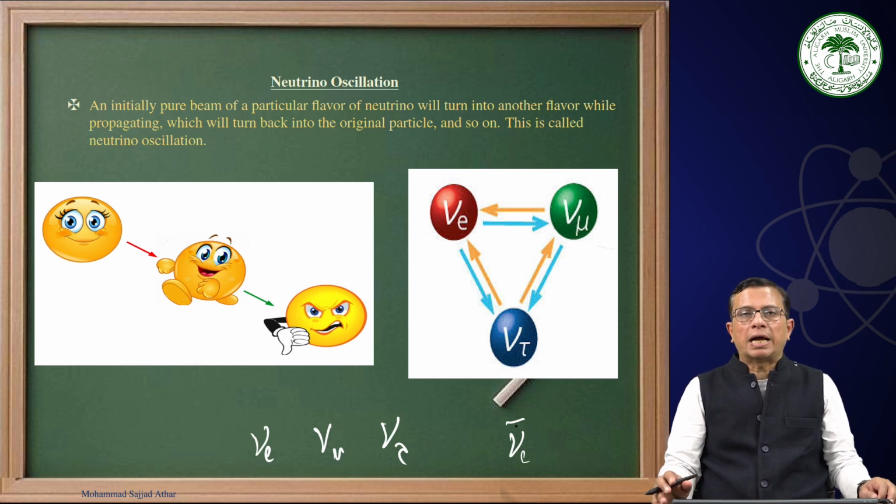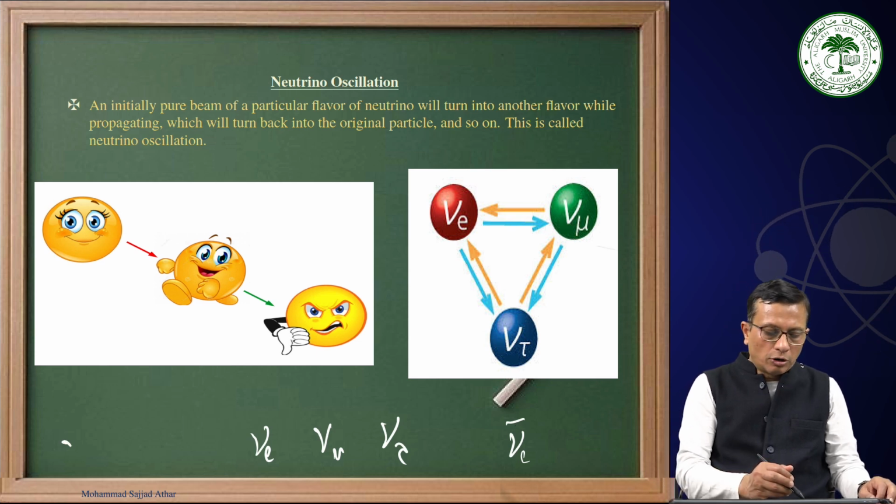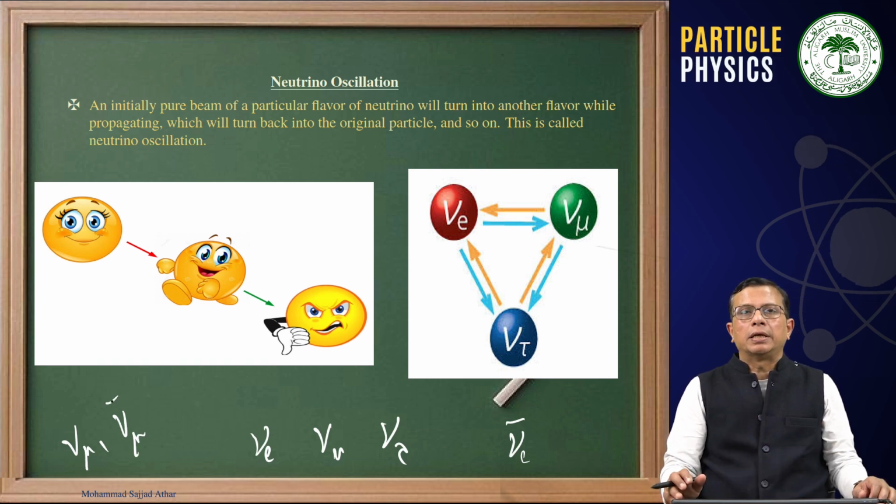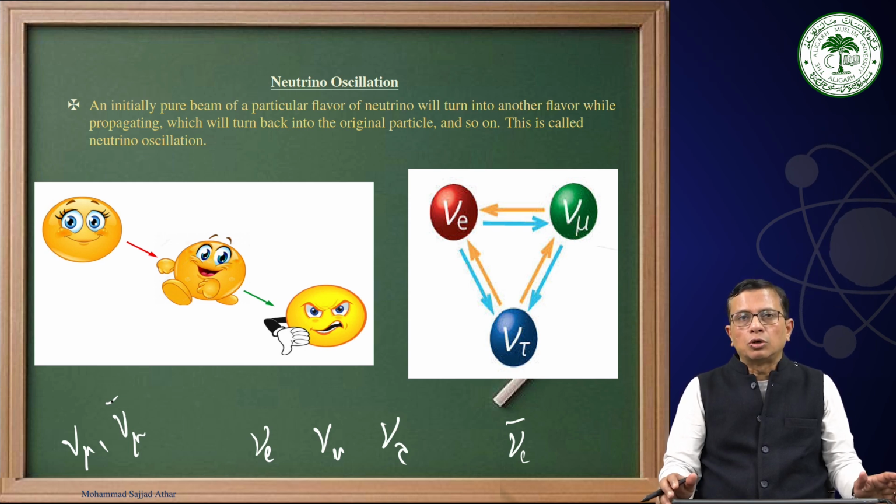If we talk about accelerator neutrinos, then pions and kaons decay to muon type neutrinos or muon type antineutrinos, depending upon the magnetic field. But if we allow them to travel a longer distance, then this nu mu may change into nu e or nu tau. It has been observed in accelerator experiments that neutrino oscillation is seen here also.